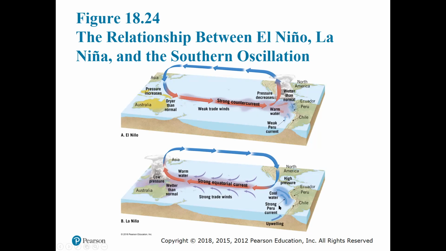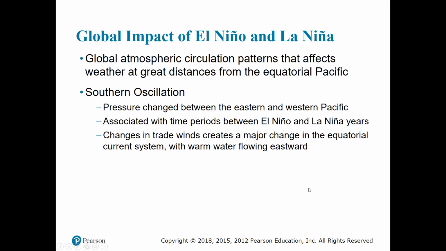And then in La Nina, we've got a stronger Peru current and a stronger equatorial current. The trade winds are blowing toward the Western Pacific. So we get low pressure systems and wetter than normal conditions in Australia, and then the cool water and high pressure systems over in Central and South America.